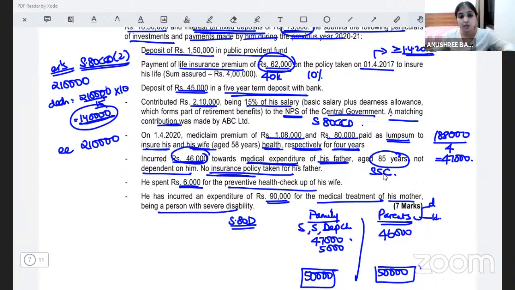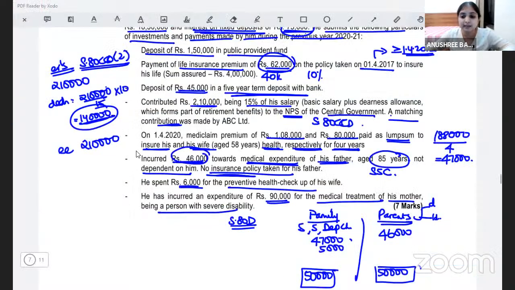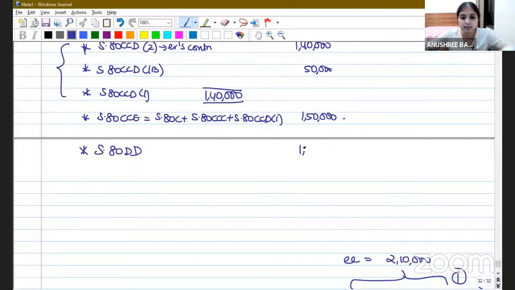Which section are we talking about? When you have a person who is dependent on you and he is disabled, section 80DD, right? Mother being a person with severe disability, assuming dependent, you will straight away get 1,20,000 deduction.